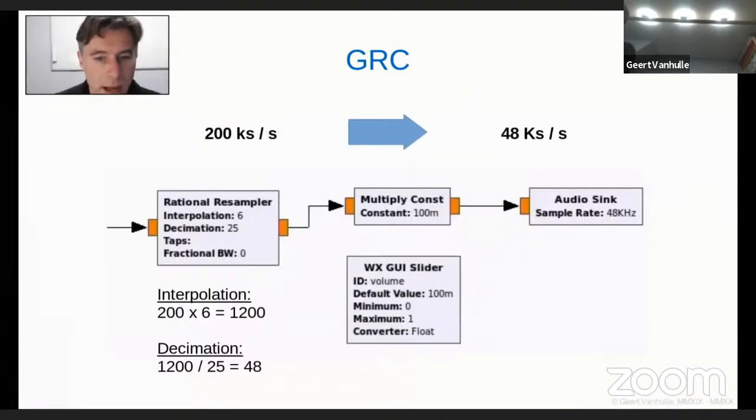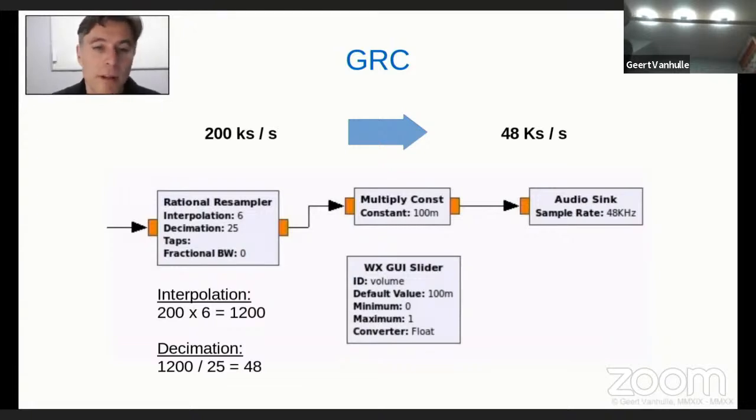The next thing is that we have 200 kilo samples per second, but we need to get to our audio card, and our audio card is actually working with a sample rate of 48 kilo samples per second. So we need some kind of conversion from 200 kilo samples to 48, but we can't use the simple decimation method because we can't drop half a sample or a third of a sample.